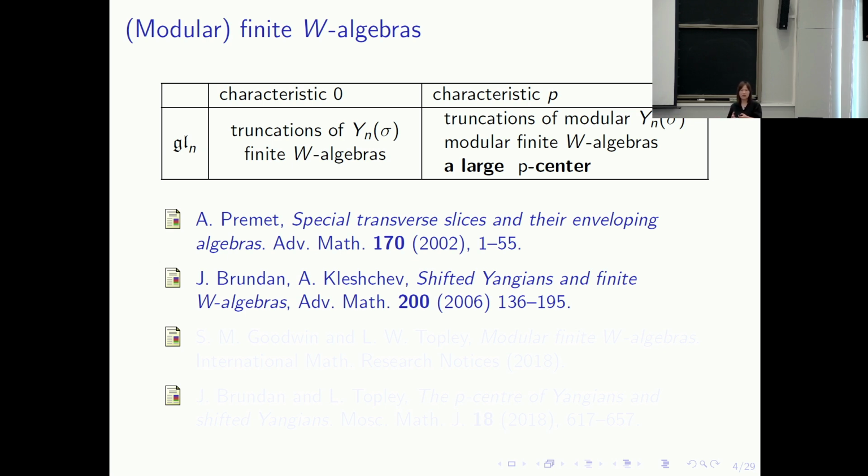Then, is there any relation between them? Yes. The connection between Yangians and W algebras was first noticed by Ragoucy and Sorba for type A Lie algebras.